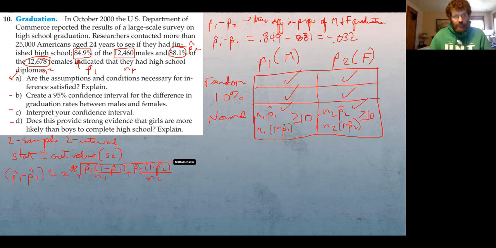So there it is. And now what we want to do is do this calculation. We have all these numbers, we can plug them in. So let's go for it.